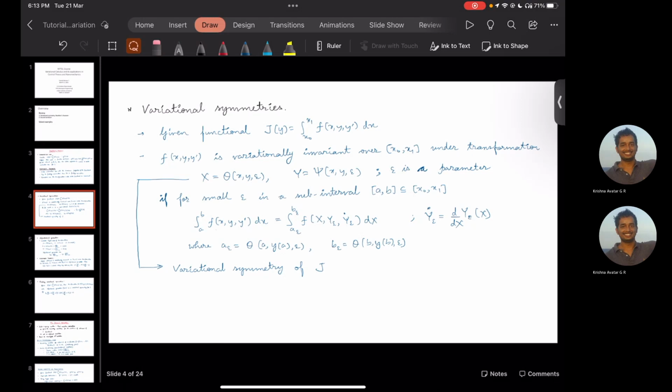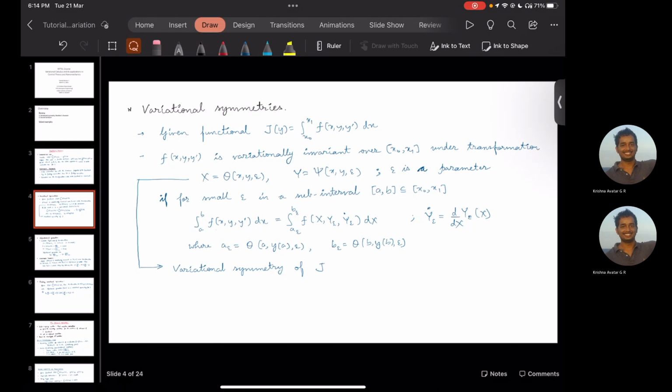Here we define Y dot epsilon to be the first derivative of capital Y epsilon with respect to capital X, where the boundary points a epsilon and b epsilon are the images, under the transformation, of the boundary points of the original domain a b.